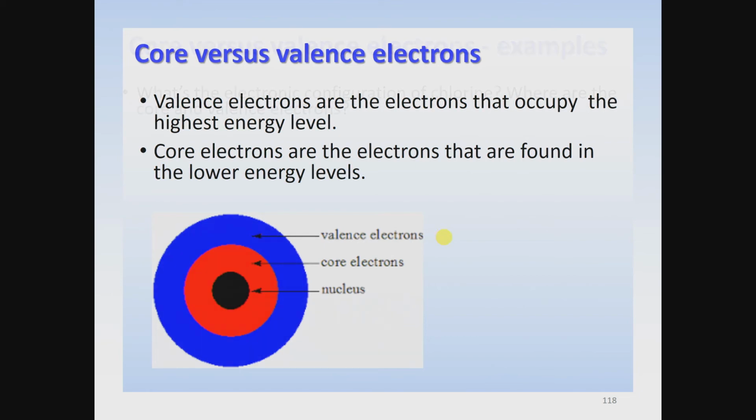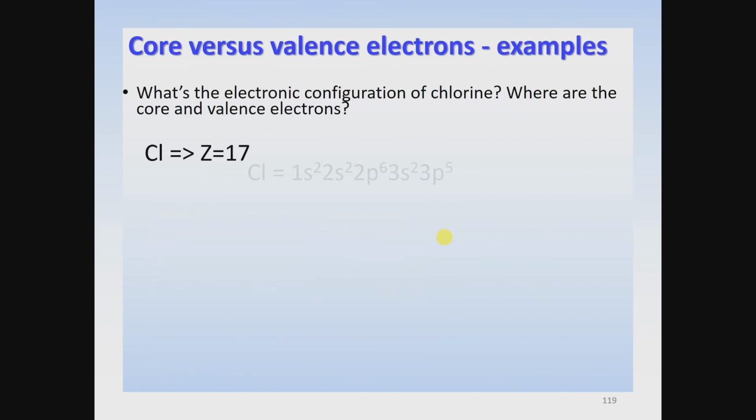Okay, moving on. You should be able to identify valence electrons and core electrons. Here we have chlorine's electron configuration, and you can see that there are 3 energy levels: a first energy level with electrons, a second, and a third. If you were asked for the number of core and valence electrons in chlorine, could you answer?